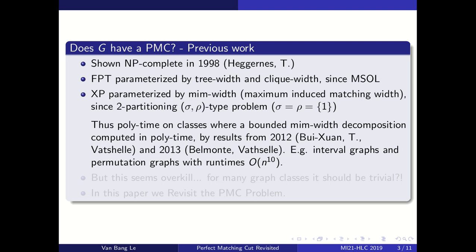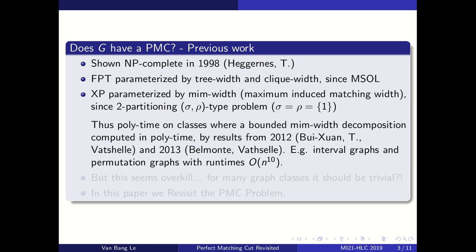This means that this problem is polynomial time solvable on classes where a bounded mim-width decomposition can be computed in polynomial time. So this follows from results of 2012 and 2013. In particular, for interval graphs and permutation graphs, this will give us an algorithm with runtime order n to the 10.